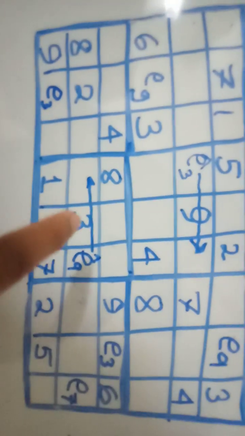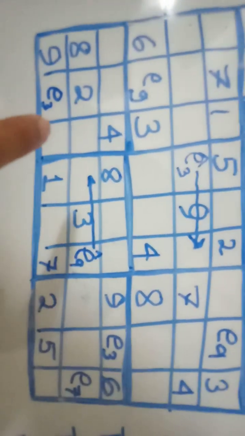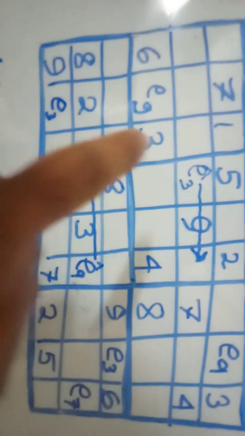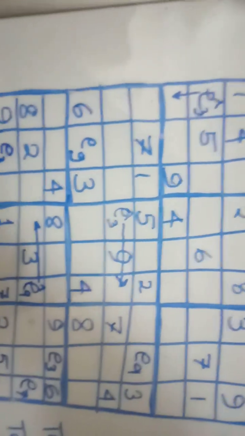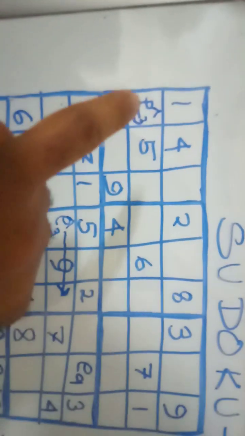There's a E3 here, there can be no 3 here. So it has to be either here or here, but there's a 3 here, so the E3 must be here. Its position is certain. And E3 here is uncertain because there's a 3 along this, so this column is gone. There's a 3 along this, so this column is gone. So now these 2 positions are left, and actually both of these positions are possible. We cannot rule out any one of them. So that's why E3 hat.